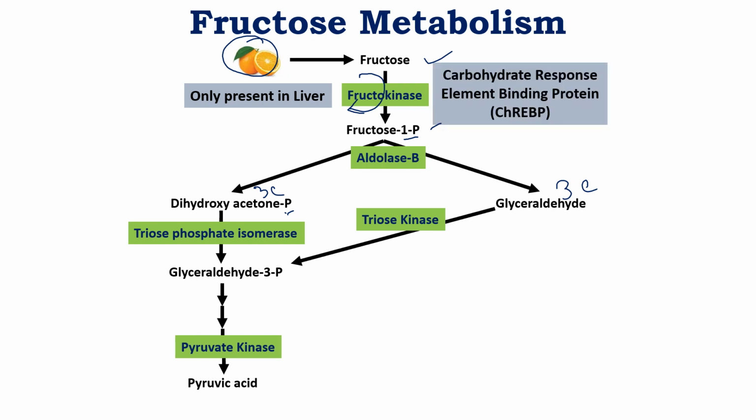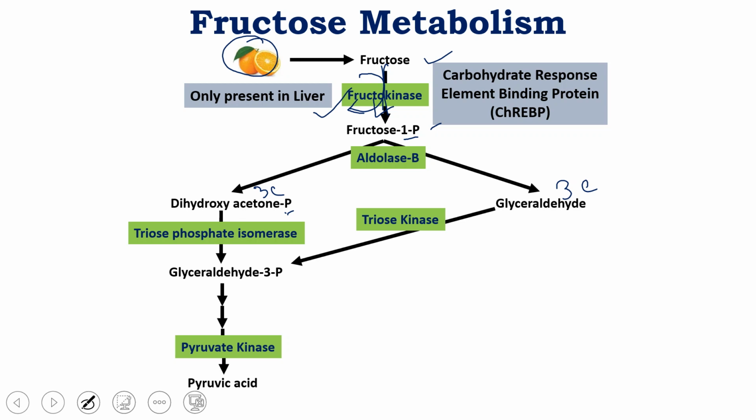Now, this fructokinase is present only in the liver, so this metabolic process occurs only in the liver. That's why I told you roughly 100% of fructose metabolic process occurs in the liver because of this enzyme. The second important feature is that fructokinase expression requires a transcription factor, carbohydrate response element binding protein, ChREBP.